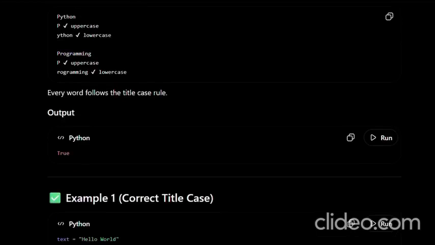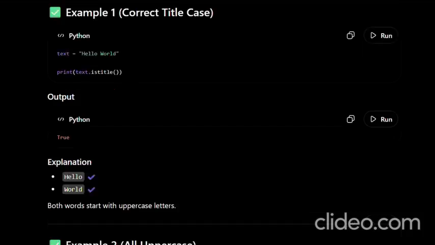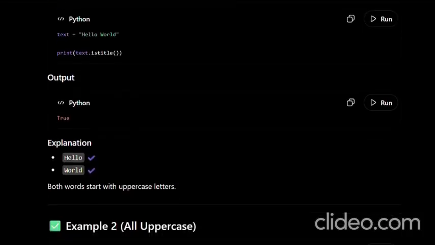Like here, in programming, it will check that P is uppercase, and the remaining must be lowercase. Example number one is given here: text equals hello world.